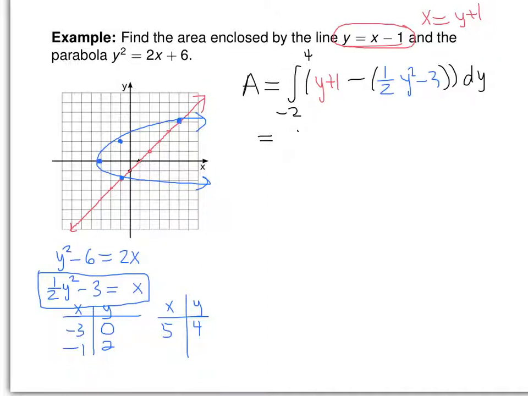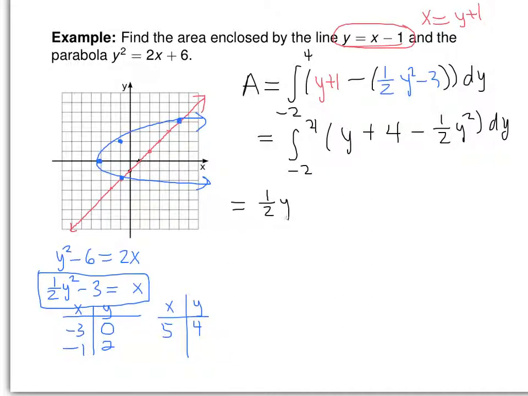So to find the area, find the integral from -2 to 4 of y plus 4 minus 1/2 y squared dy. The antiderivative of y is 1/2 y squared, 4's antiderivative will be 4y, minus 1/6 y cubed.